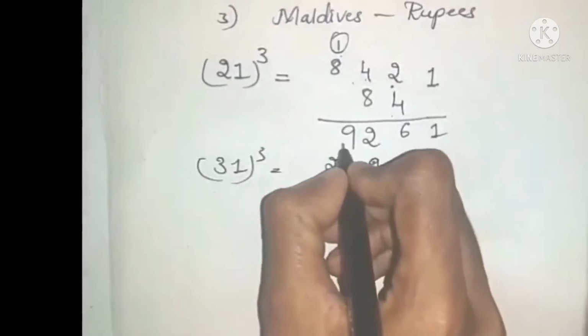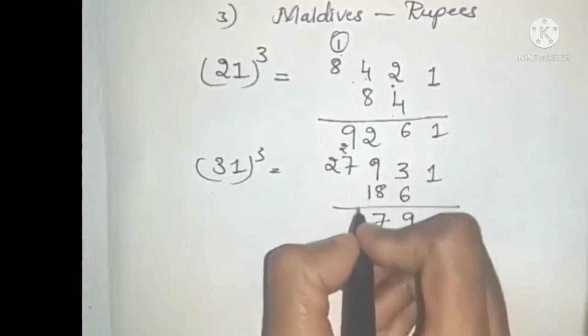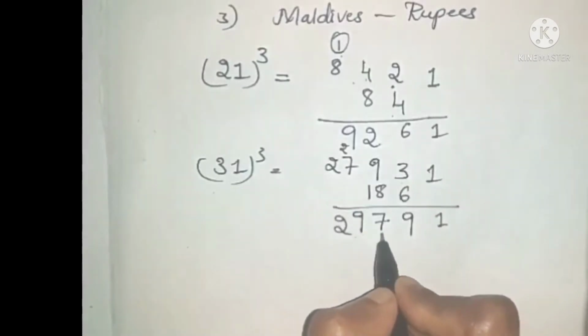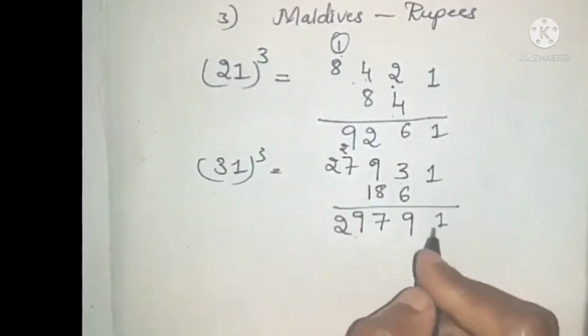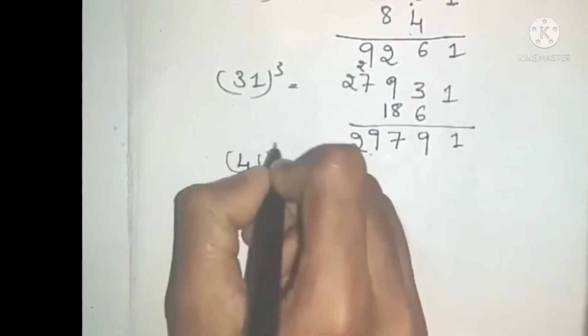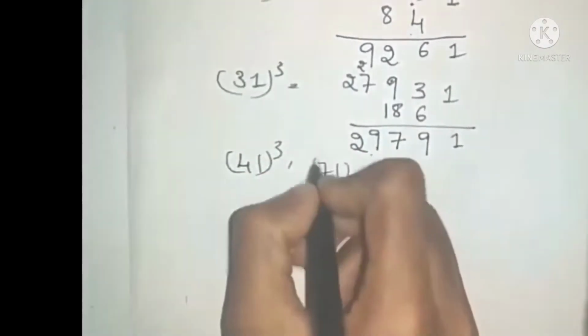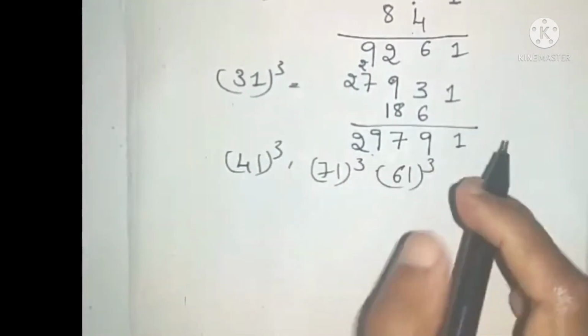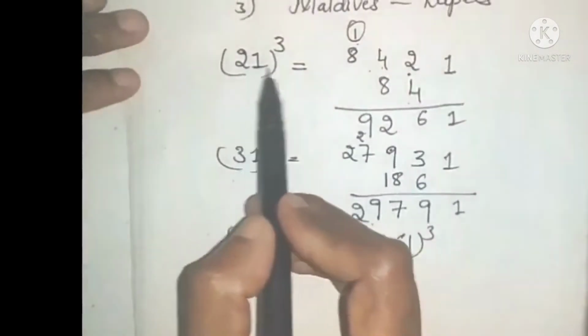Take 7 and 2 as carry. 7 plus 2, 9. Take this 2. So the answer is 29791. Now homework is 41 cube, 71 cube, 61 cube. This condition is applicable when the number ends with 1.